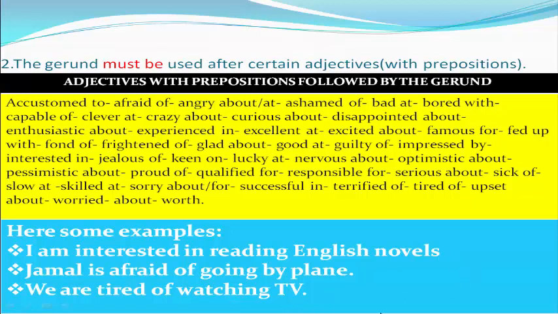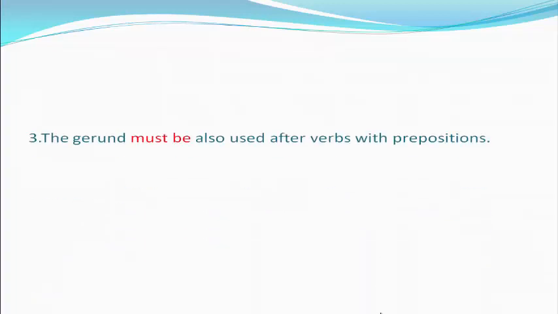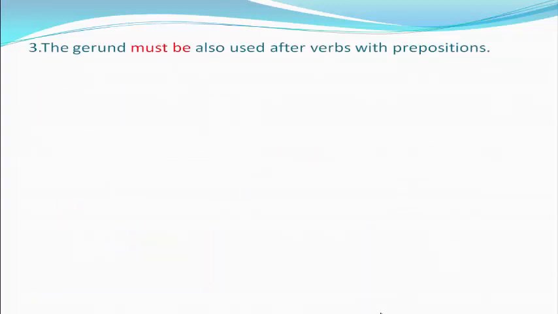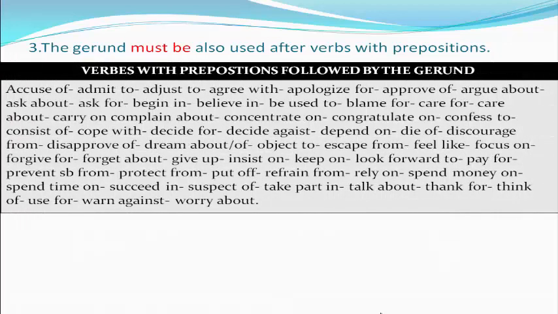And another point, the third point, which is the last point, is that the gerund must also be used after verbs with prepositions. We have also verbs with prepositions as well as adjectives with prepositions. So verbs with prepositions followed by the gerund are here in this list.